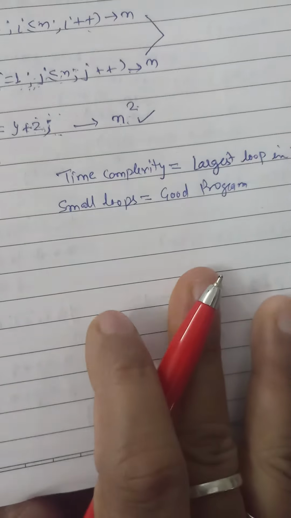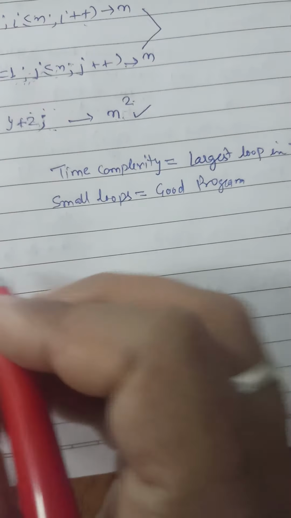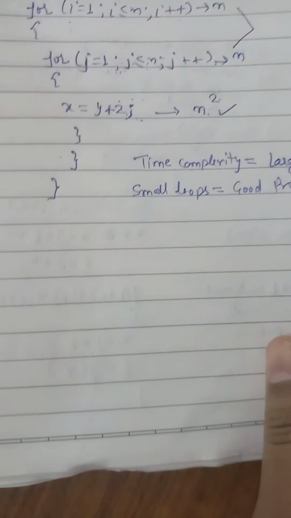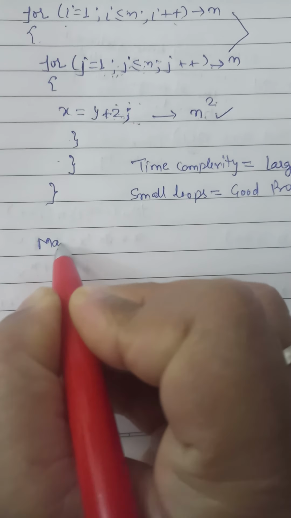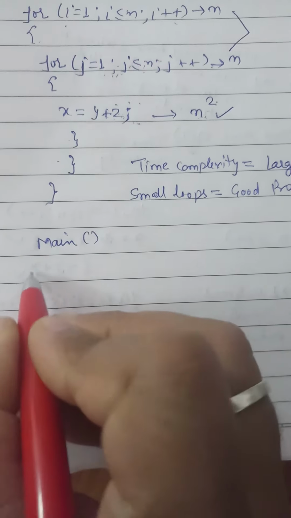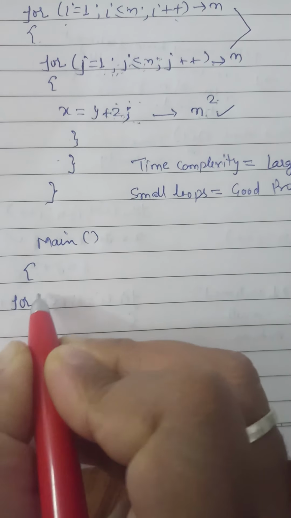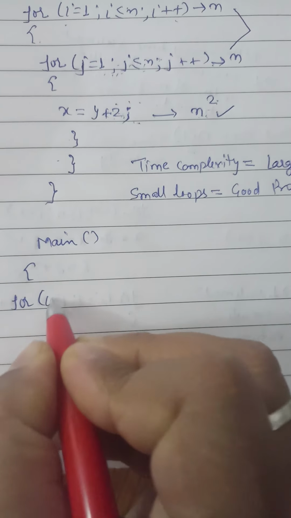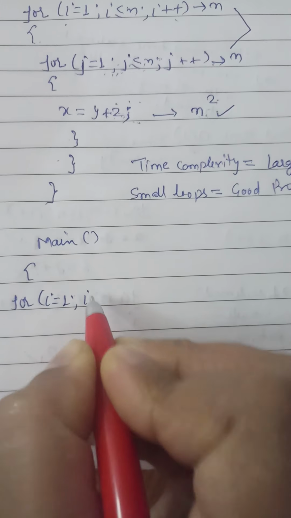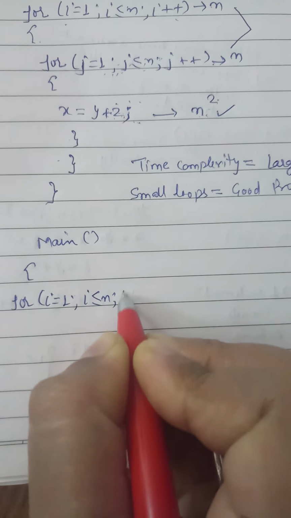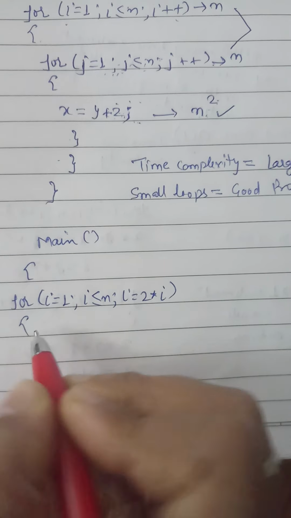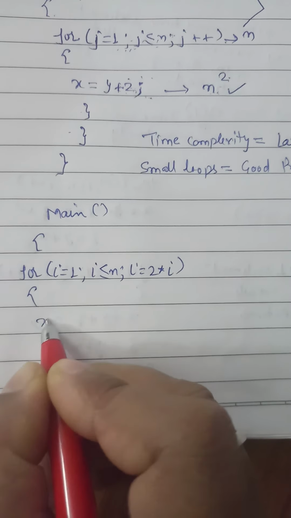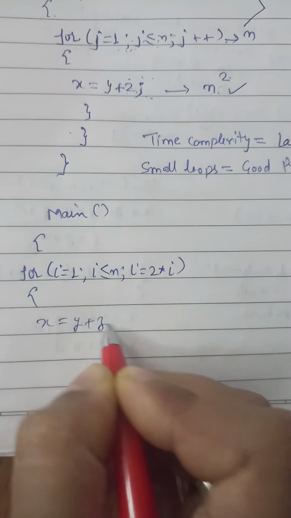Now move to the next. Suppose we have main, in which we have a for loop: I is equal to 1, I less than or equal to n, and I is equal to 2 into I, and in which we have only one statement, x is equal to y plus z.